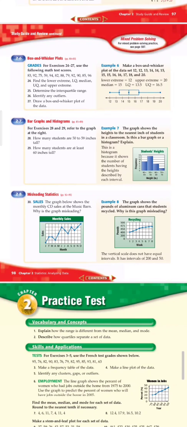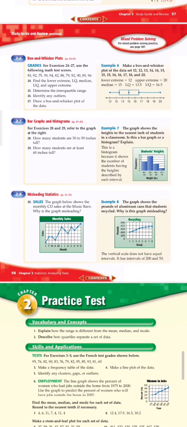Bar graph and histogram. For exercises 28 and 29, refer to the graph at the right. 28. How many students are 15 to 59? 29. How many students are at least 16 in age?